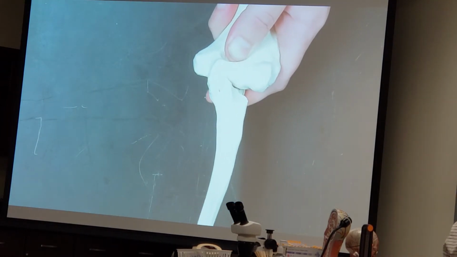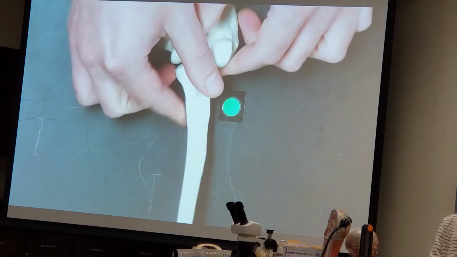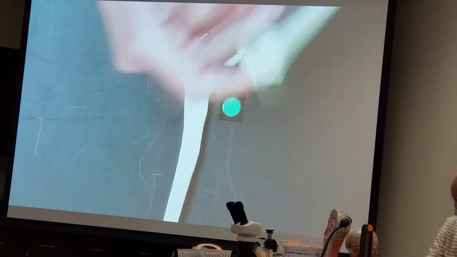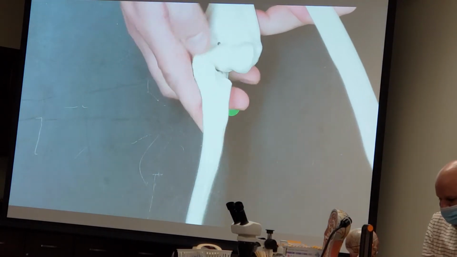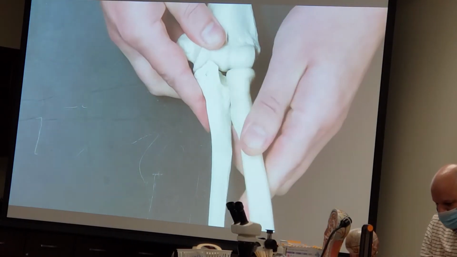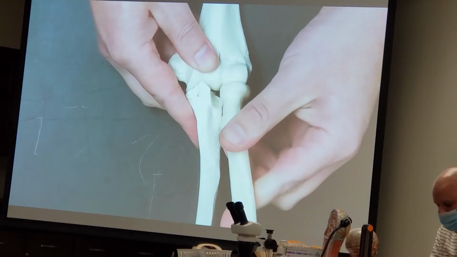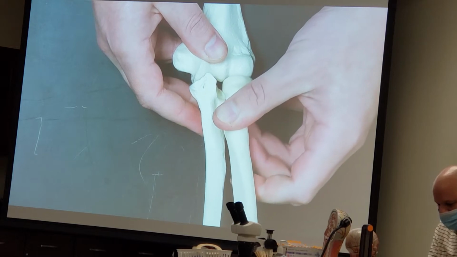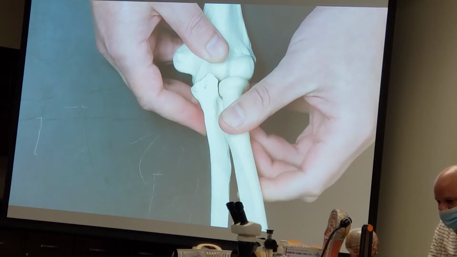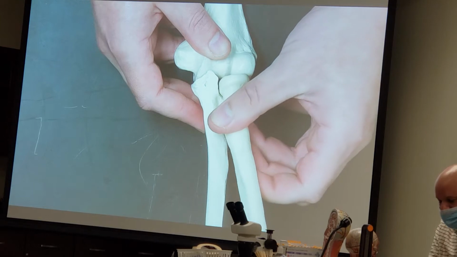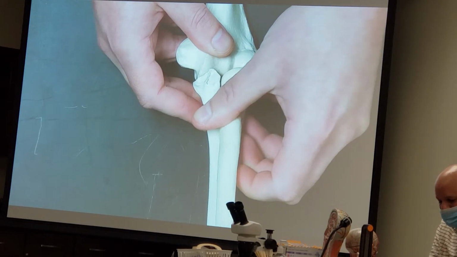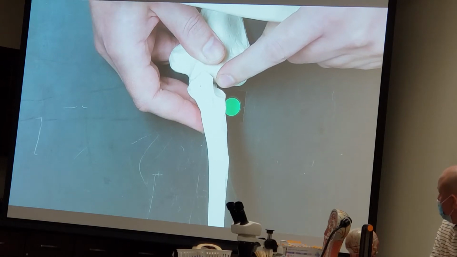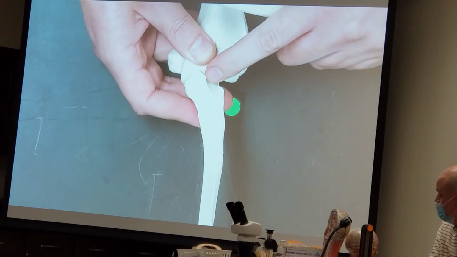The head of the radius is going to articulate with the capitulum, like so. And the head of the radius is also going to pivot, because it's a pivot joint, at the radial notch on the ulna, which you can see right here.